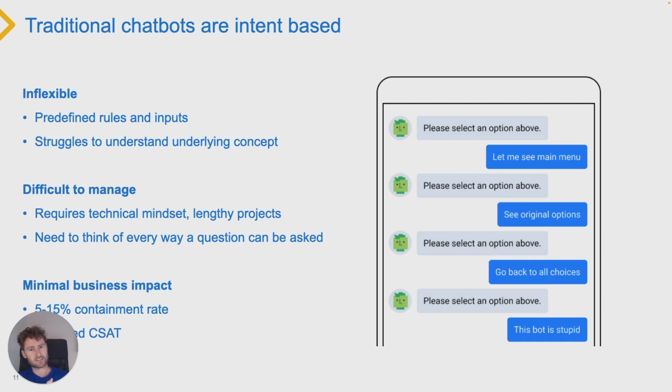And this has a number of issues. So number one, because you're quite inflexible with your responses, you really see limited business impact because it's not really able to deal with many customer questions. And if anything, you're going to annoy your users. Also, from a setup perspective, you either have to essentially employ one or two people to not just set up these chatbots, but continually monitor and improve them.